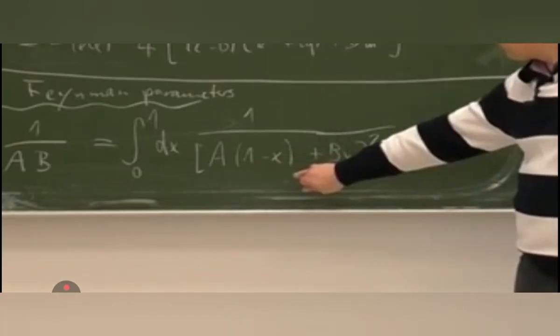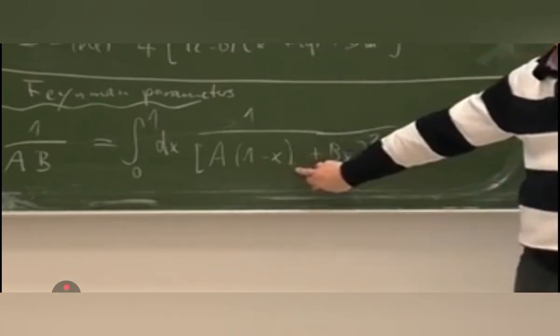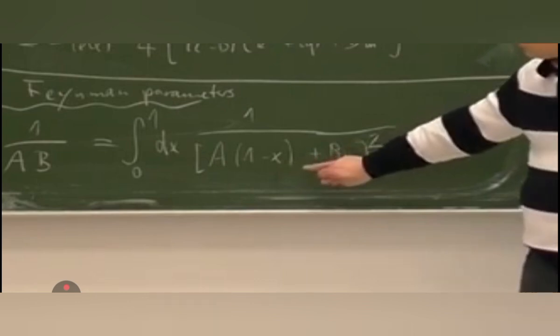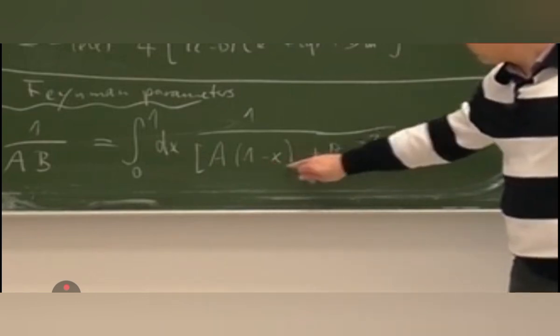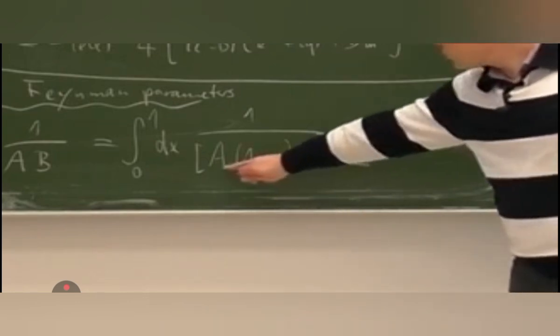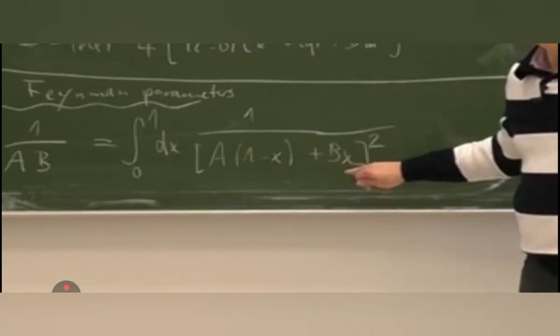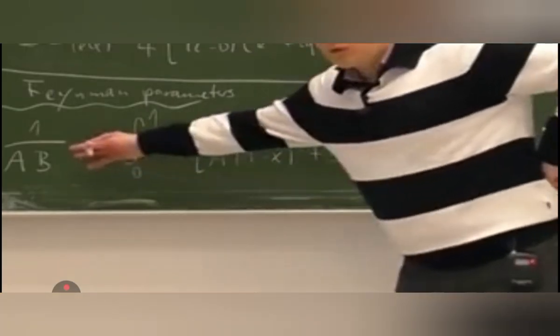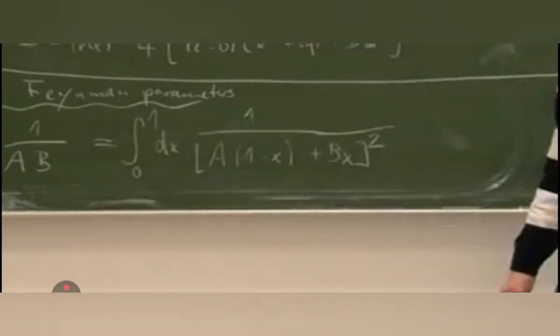That is Feynman's trick. Actually, Schwinger apparently also invented this, but it's called Feynman parameters. So if you integrate, this is a trivial rational function to integrate over x, then plugging in the 2 limits gives you 1 over a minus 1 over b, and bringing it to a common denominator gives you 1 over a times b, and the numerator just cancels from the integral. So that is trivial to show by just evaluating the integral.